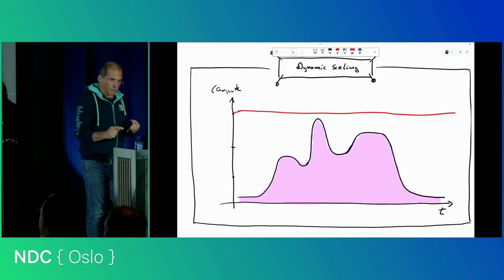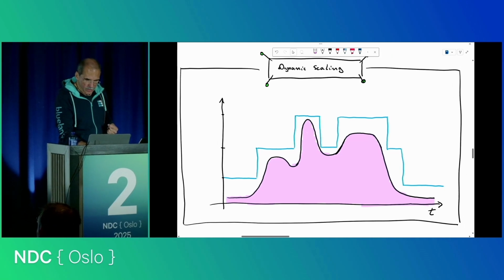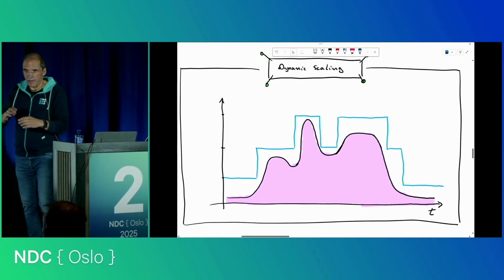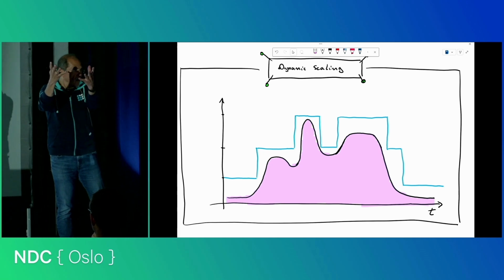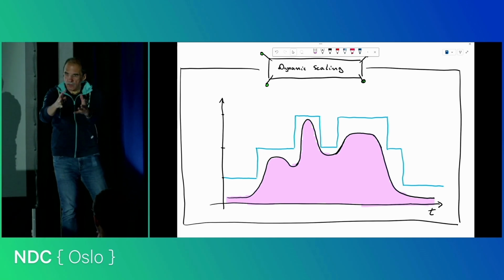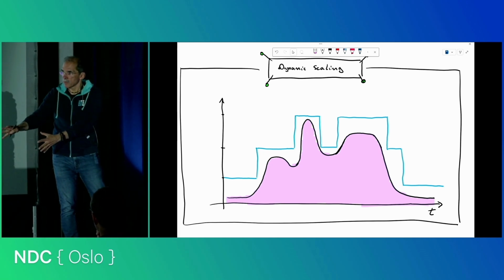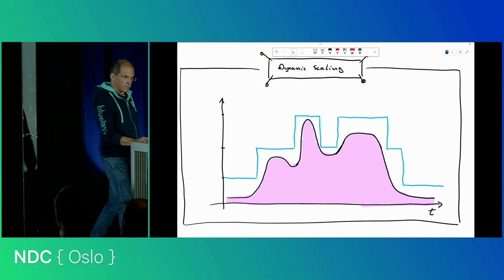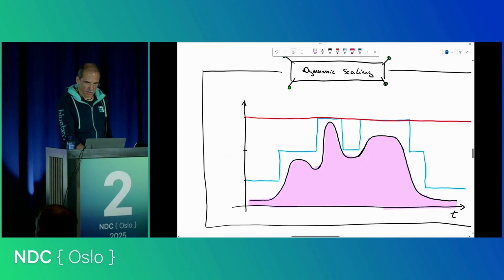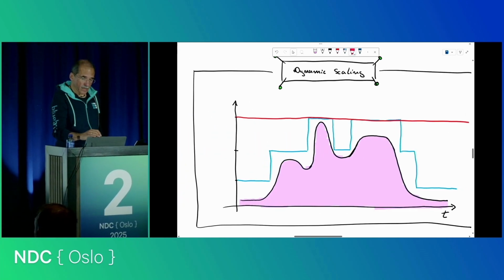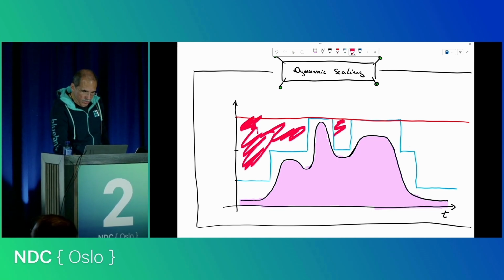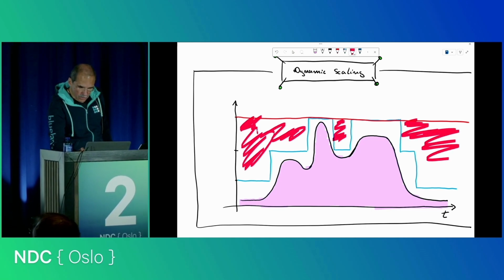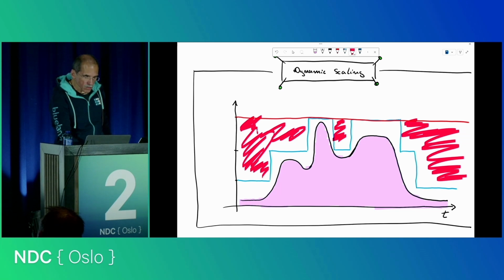What we can do, at least, is that if the load goes up, we scale up our resources, and if the load goes down, we scale down. And what then happens is, you know, this area here, this is garbage.